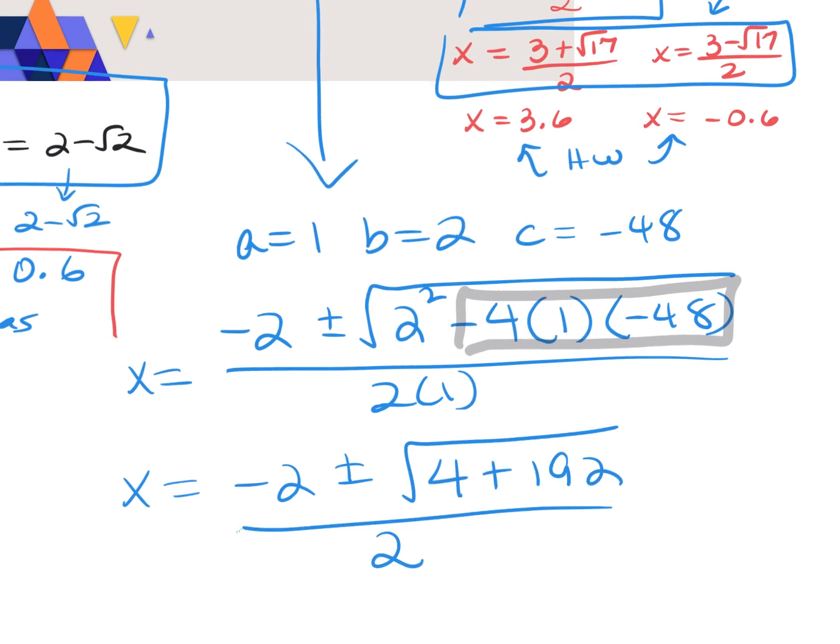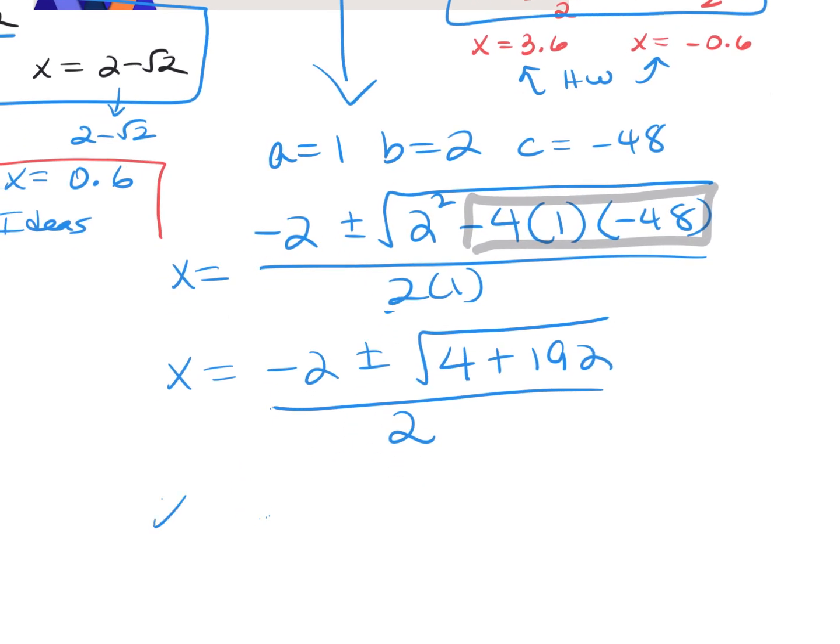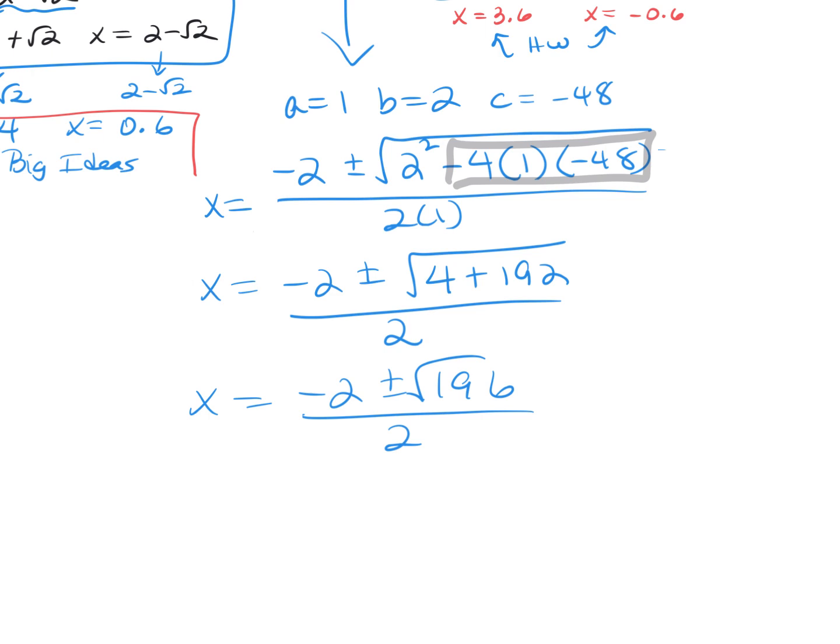I'm going to add what's underneath the square root. I get 196. I need to try to break it down. This is actually a perfect square. It's 14 times 14. So you're going to do x equals negative 2 plus or minus 14, divided by 2. Now I need to make my two problems.